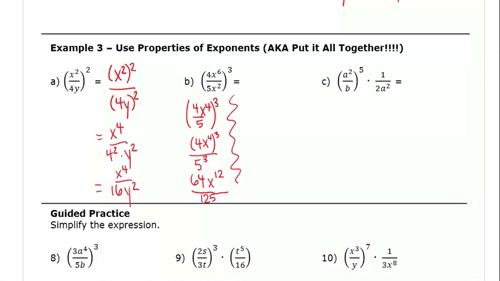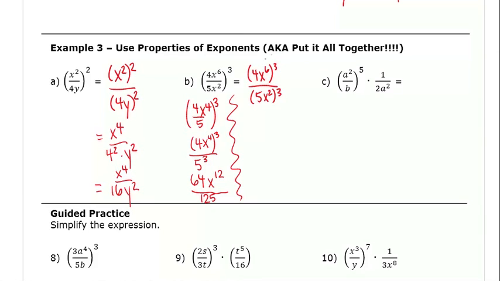If you want an alternate version, let's say you didn't notice you can simplify this first. You see this cubed, power of a quotient, so let's apply it to both the numerator and the denominator. So 4x to the 6th cubed, or 5x squared cubed.